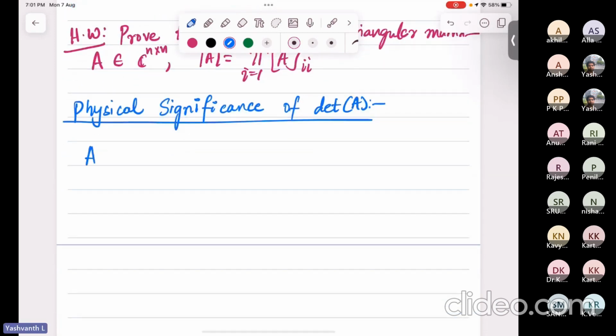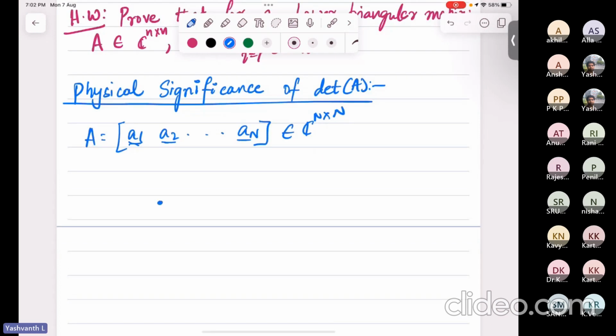So let's say I have a matrix A equal to [a1, a2, and so on till an]. Okay, it's an n by n matrix. So each of these is a column vector. I'm writing the column vector notation of a matrix.